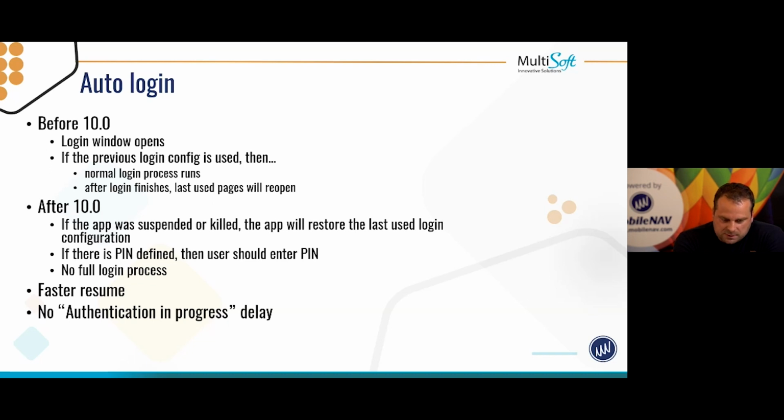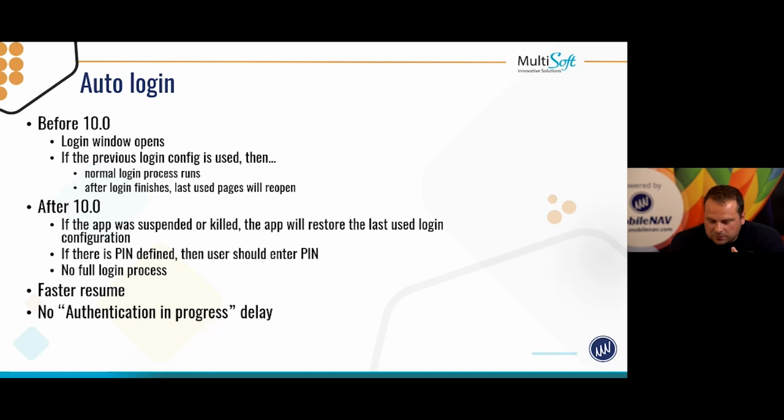Now after 10.0, if the application was suspended or killed or whatsoever, then first we display this PIN enter screen for the user. And if he enters his PIN, then after the successful PIN entry, we simply restore all the pages, the cards, lists, and everything basically where the user left MobileNAV, and we do not execute a full login process.